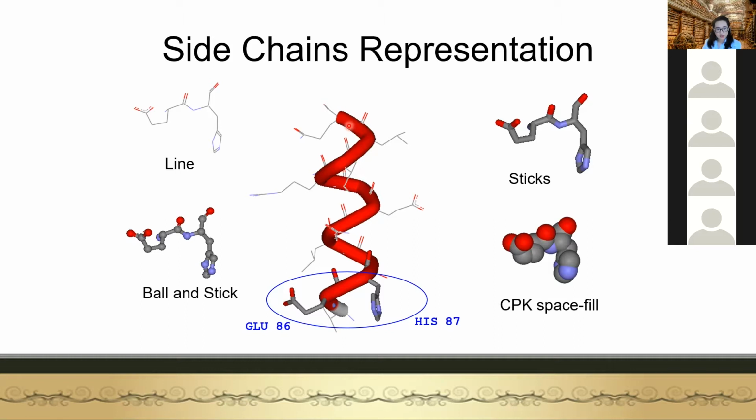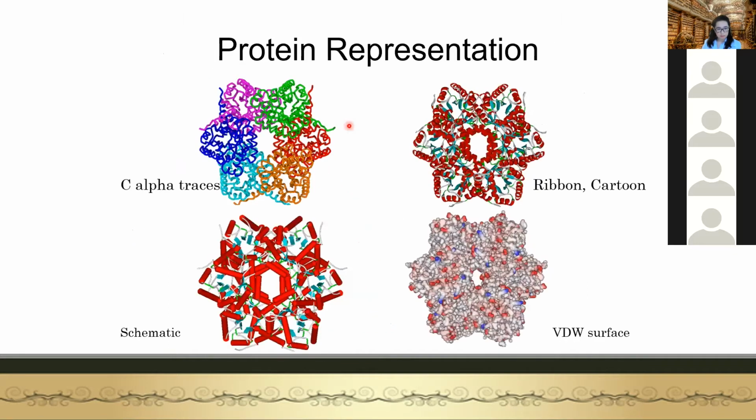You discard all the side chains, and that becomes the protein representation. This one is a C alpha trace, basically traces of the alpha carbon main chain. If they sketch it roughly, you can see how many units and how many chains there are very quickly. Like this one, you can see the impression of 6 colors right away.